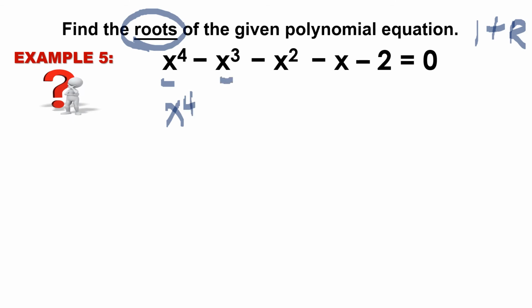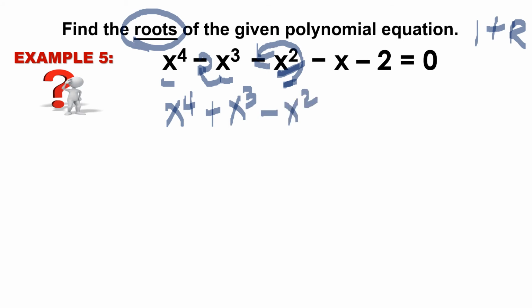X cubed, if x is negative, it's negative, then times the original negative here, it will become positive x cubed. Next, x squared: negative squared is positive, times negative here, it's negative x squared. Next, negative x: if you change x to negative, then negative times negative will become positive x. Then simply copy minus 2.